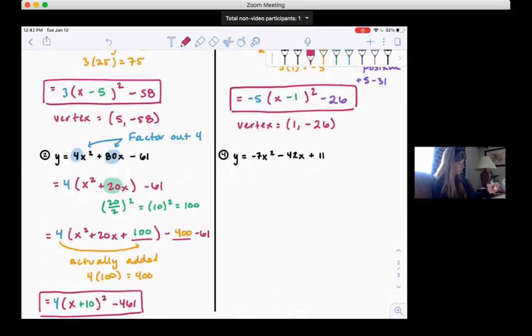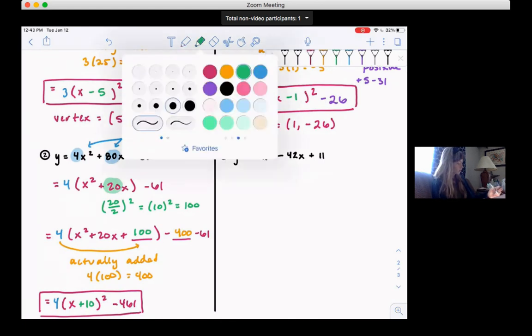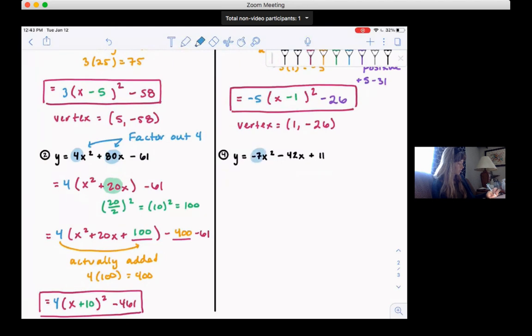So we have -7x squared minus 42x plus 11. First step is to factor out our leading coefficient of -7 from our first two terms. So we're going to undistribute -7 or move it to the front. And then inside the parentheses, we have what's left over if we undistribute the -7 or divide it out of those terms.